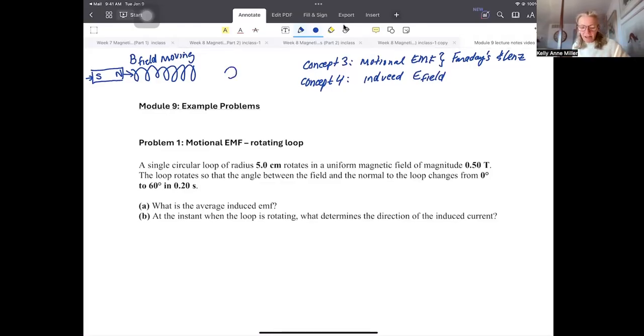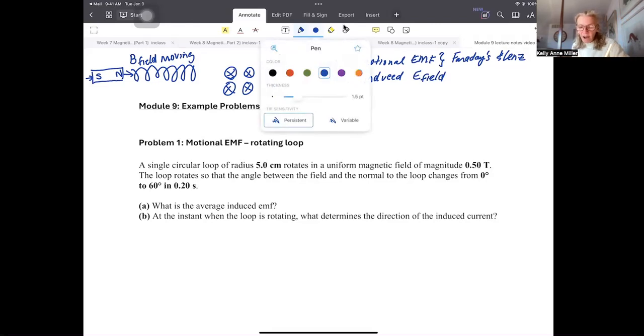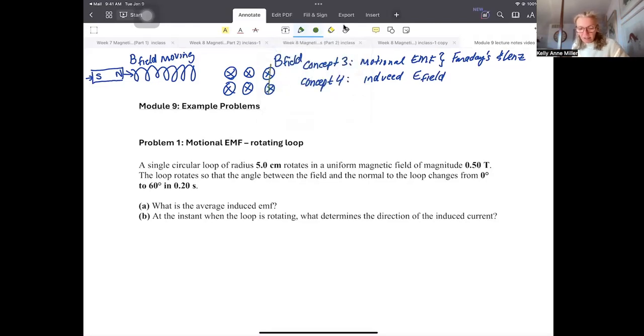Remember the one where you had a stationary B field in a region of space, and then you had a wire loop that you were pulling so that the flux was changing as the loop moved outside the B field.